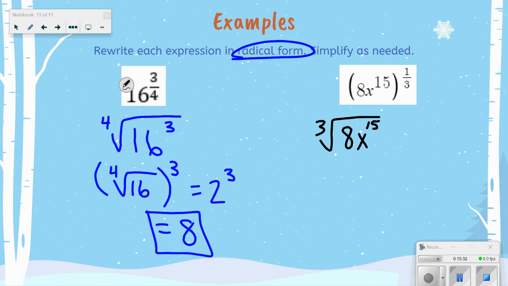Remember, if there's another number besides like 1 here, I could then make that my exponent all the way out there, or make it the exponent underneath, either or. So now let's simplify this. What would the cube root of 8x to the 15th be equal to? Good job. 2x to the 5th.